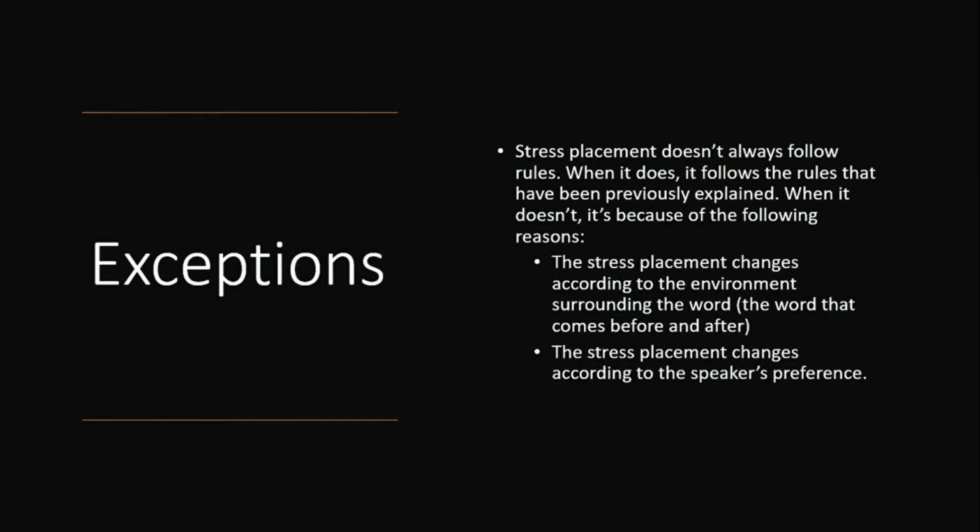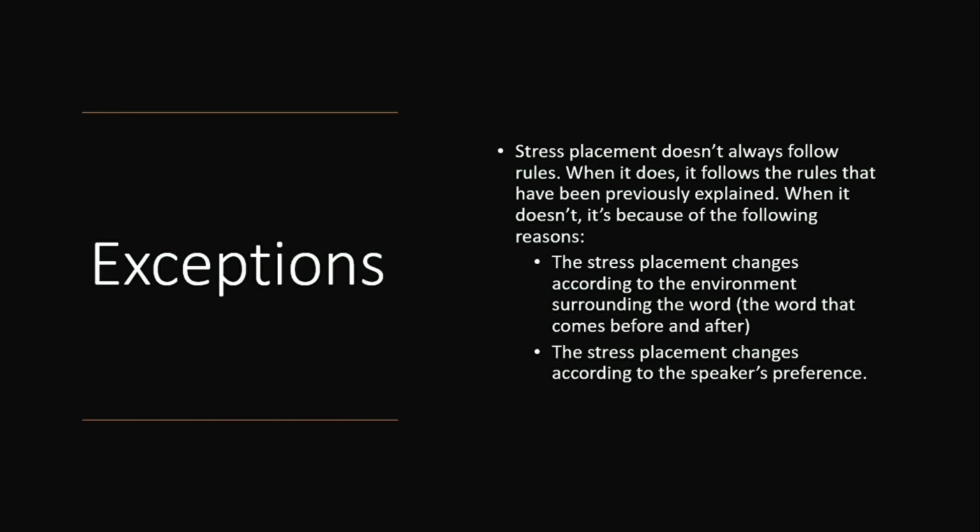Okay, so go on. The second one is the stress placement changes according to the speaker's preference. So for this, we can say it's similar to accent. The example for this is the word controversy. There are two different ways to say the word controversy. The first one is controversy. The second one is controversy.